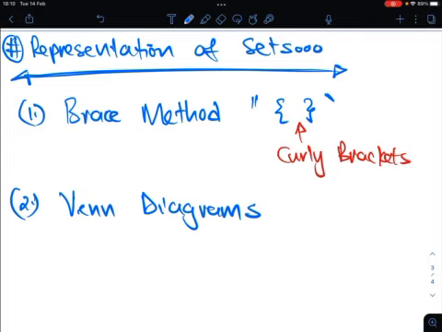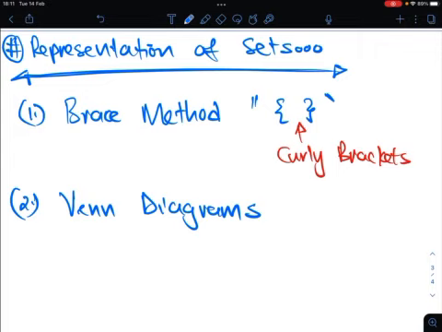Both of these representation techniques are quite common. We can't say that one is more common than the other. It's just that with some problems it's much simpler to work with Venn diagrams than with braces, but in some situations braces are sufficient and make life easier, so we just represent sets and move on.